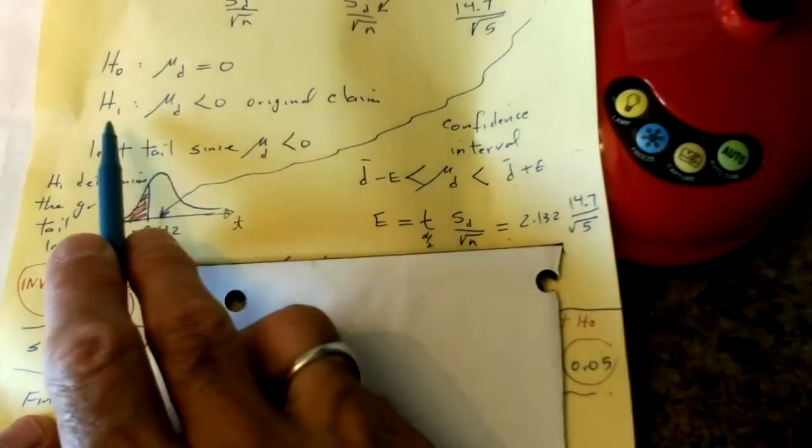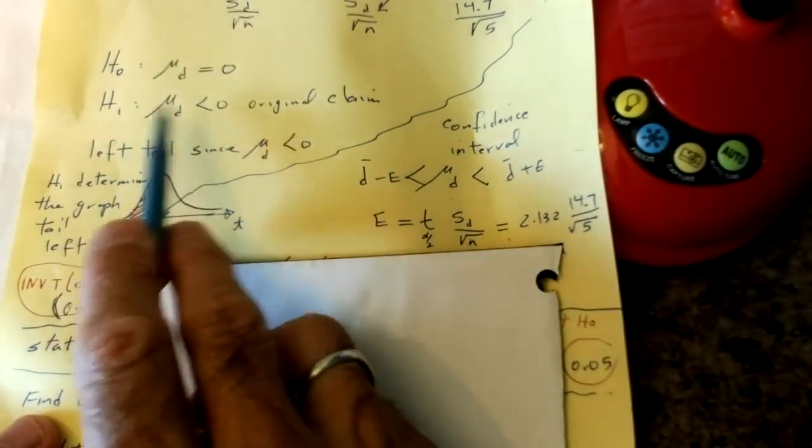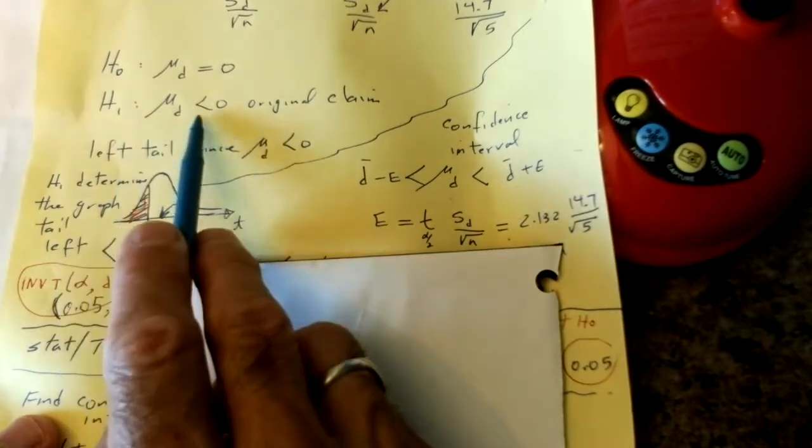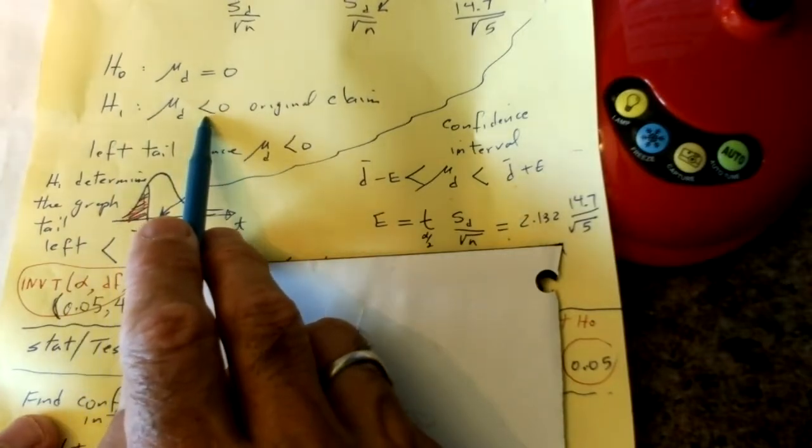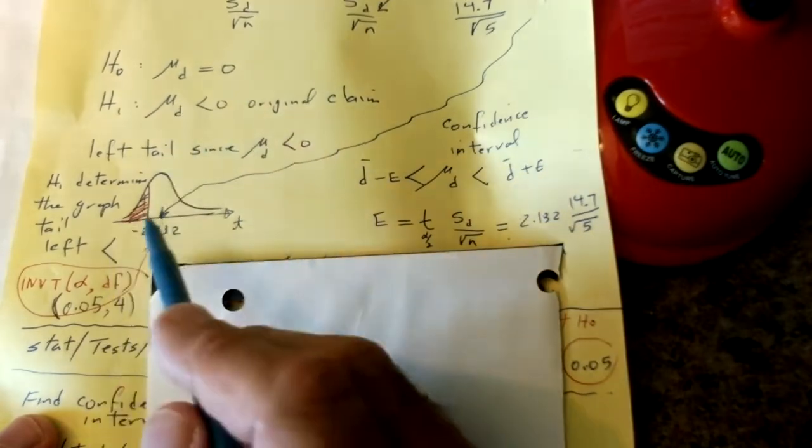How do I know? H1, the symbol of H1, which is less than, always determines what type of graph. Is it two tail or one tail? And if it's one tail, is it left or right? This is left because it's less than 0, right?